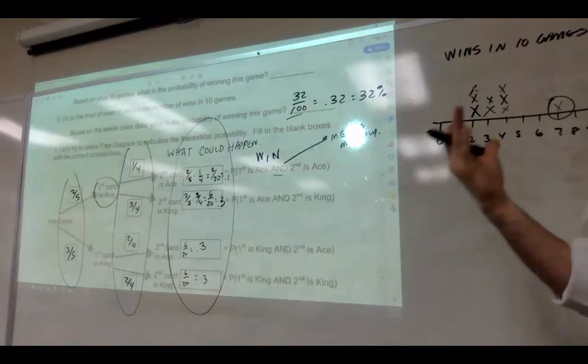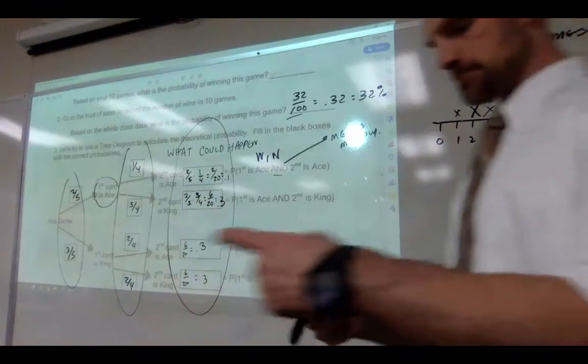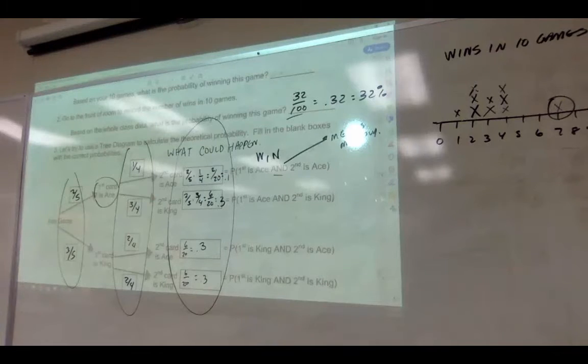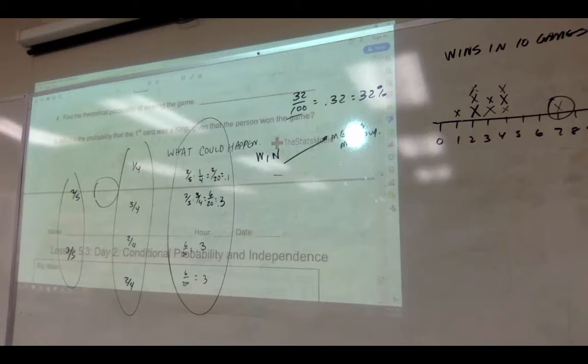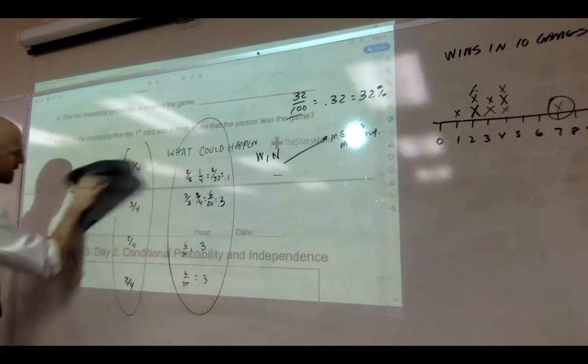So tell me, what's the probability of winning? 0.4. Yeah, exactly. You add, right? Because it's or. When we say find the theoretical probability of winning, we have to determine that for this context.